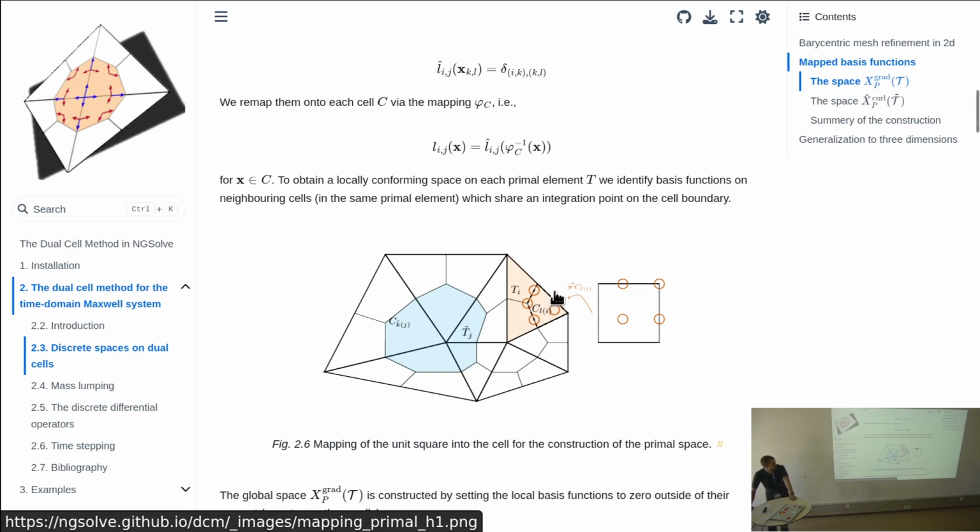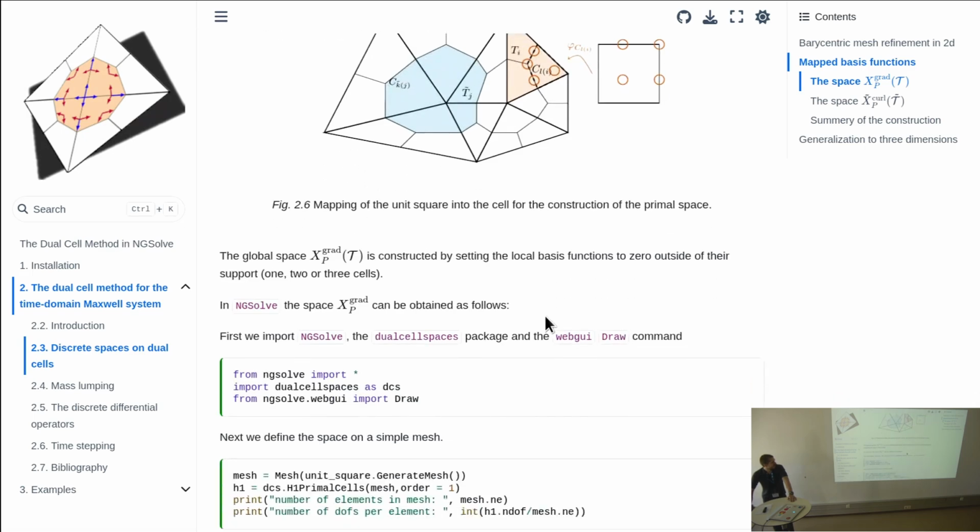And obviously, since we want to be conforming on this whole primal element, we have to identify basis functions corresponding to a degree of freedom which lies on this interior boundary here. Keep in mind that this mapping is not affine. There is no affine mapping from the unit square to a general quadrilateral here, but it's bilinear at least. So it's not as nice as it could be, but it's still nice enough. Okay, and then actually we're good to go.